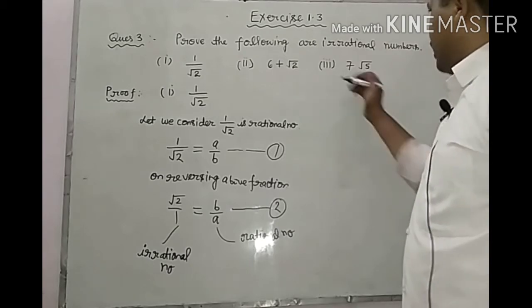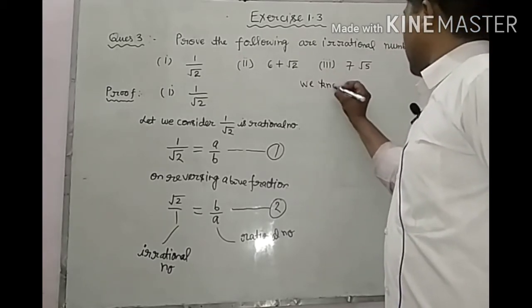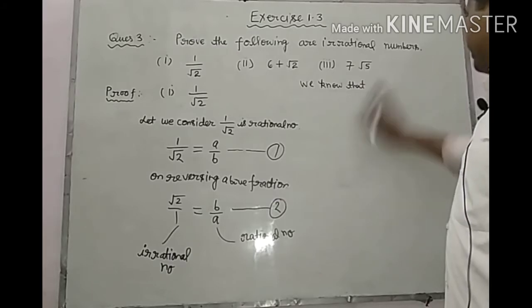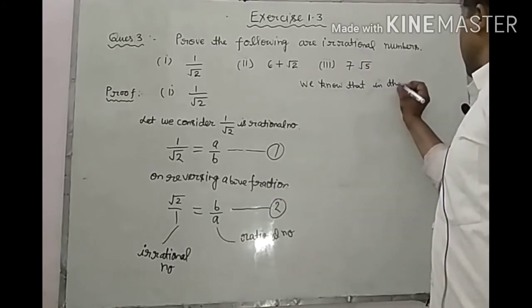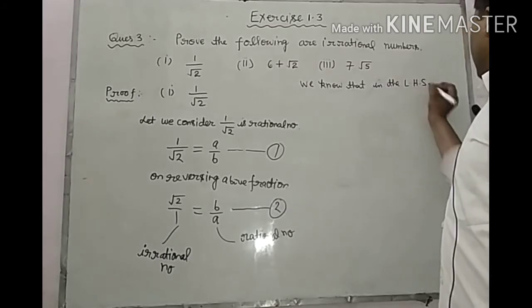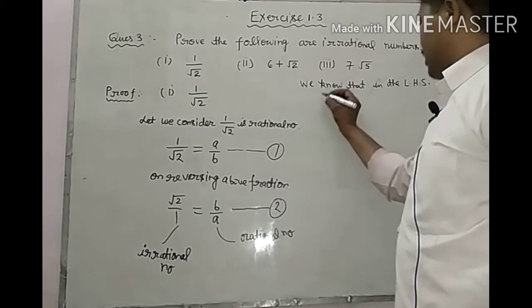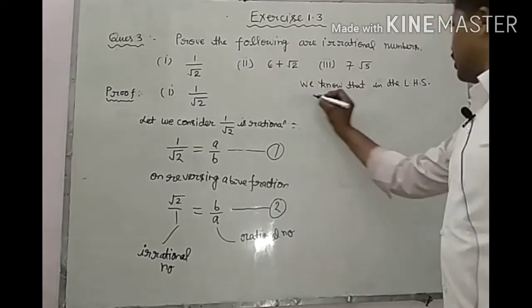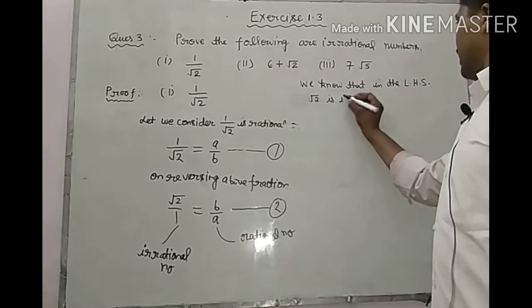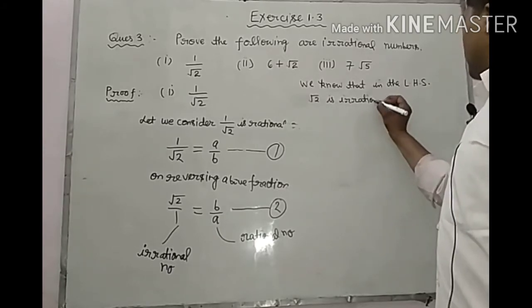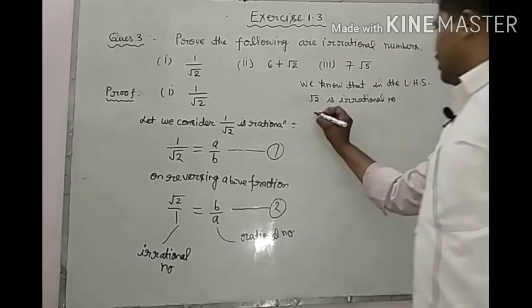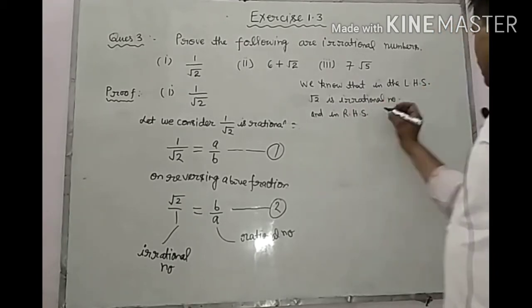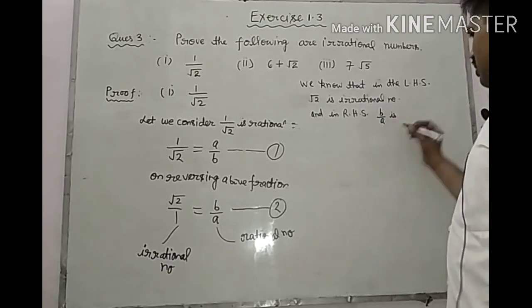I am writing here: we know that in the LHS, root 2 is an irrational number, and in the RHS, b upon a is a rational number.